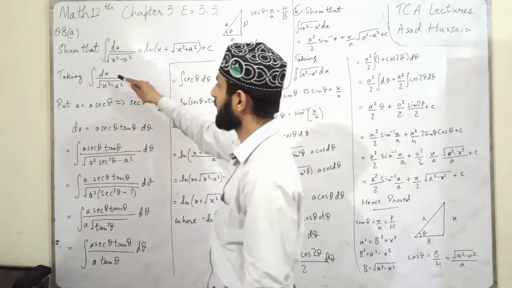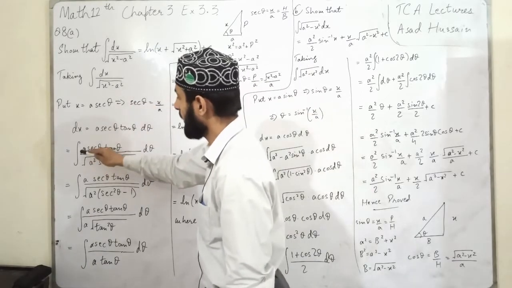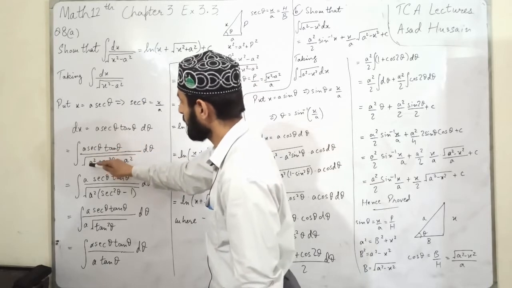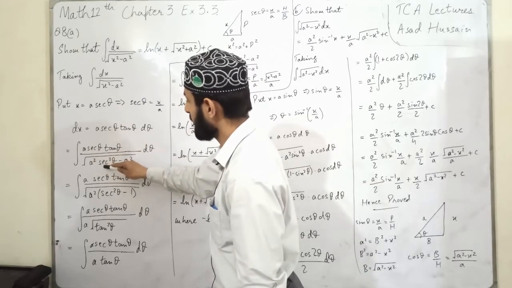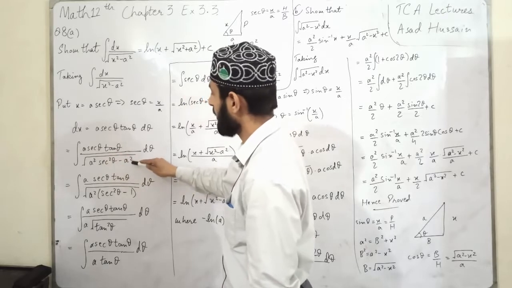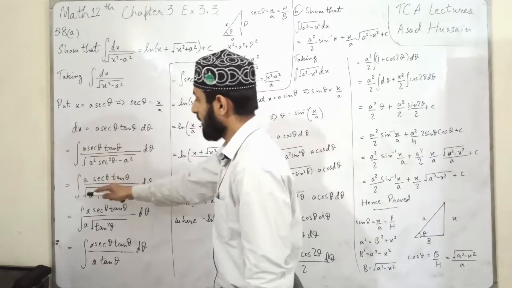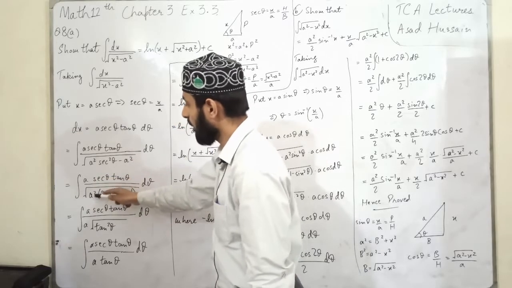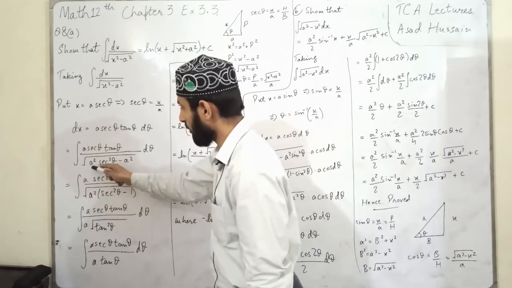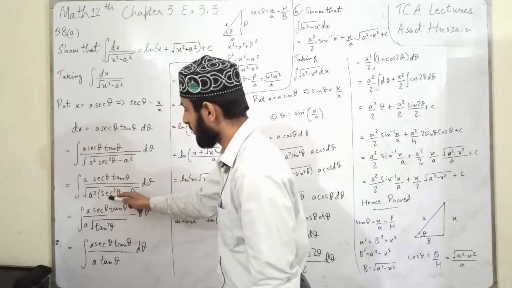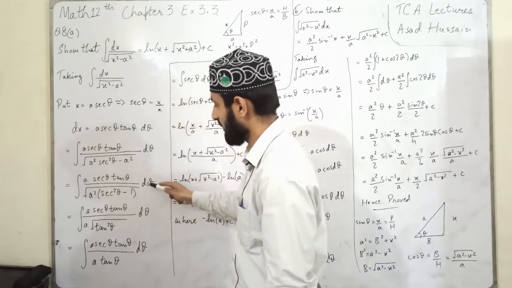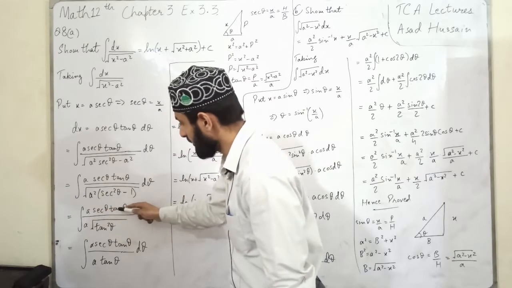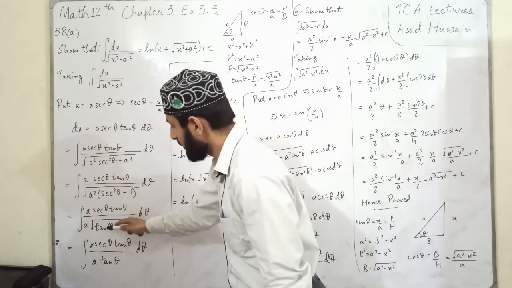Putting the values in this form, we get integral a secant theta tan theta over √(a² secant² theta − a²) d theta. Next step, taking a² common, we get √(a²(secant² theta − 1)).